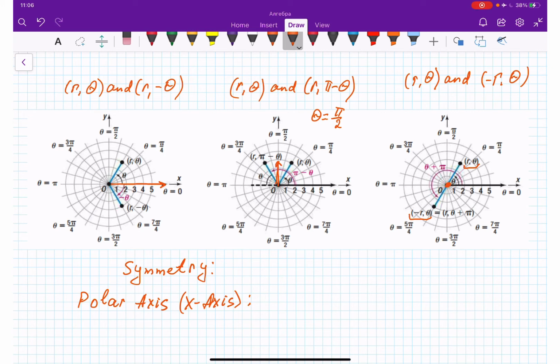In a polar equation, we replace theta with negative theta. And if the equation gives us the same result, then the graph is symmetric with respect to the polar axis.